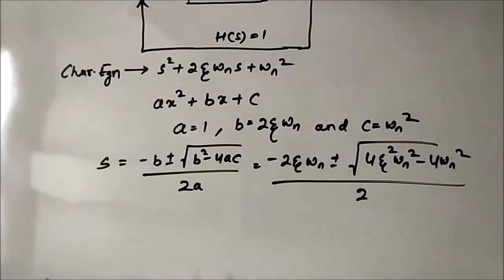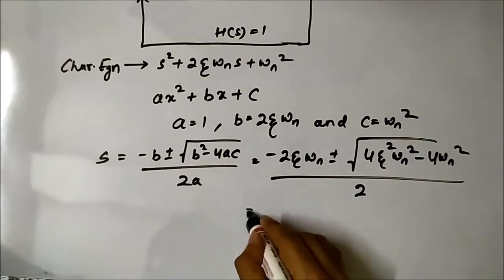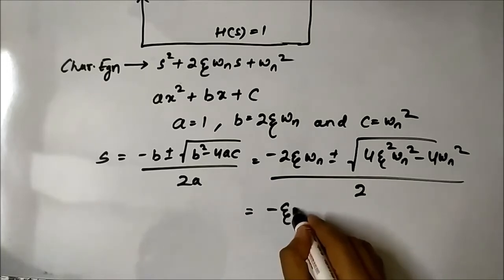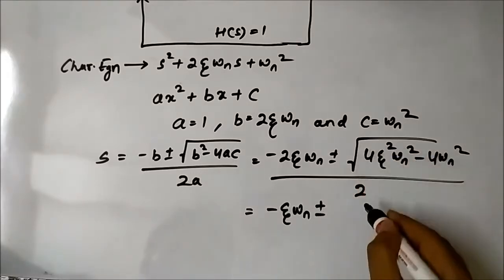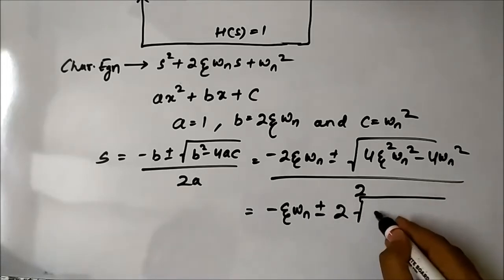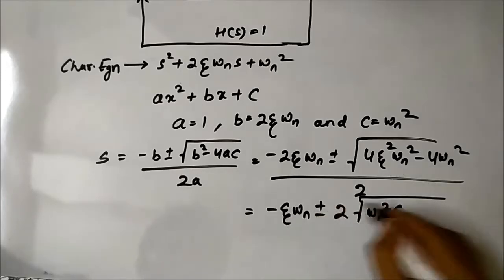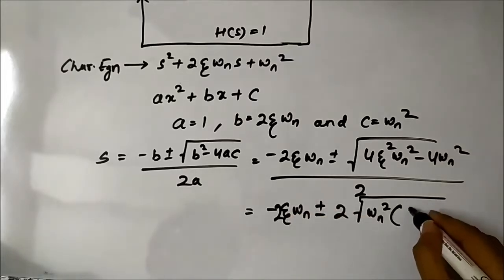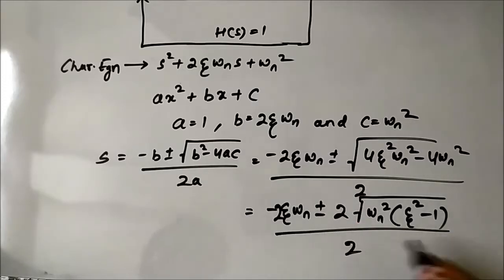Now here different cases arise for different values of zeta. Okay, so let us just further simplify it. This will become minus zeta omega n plus minus, the 4 will come out in the form of 2 into omega n square into zeta square minus 1, by 2.